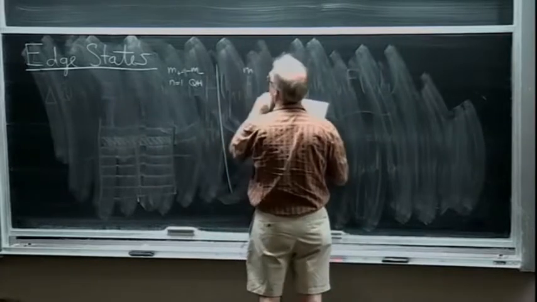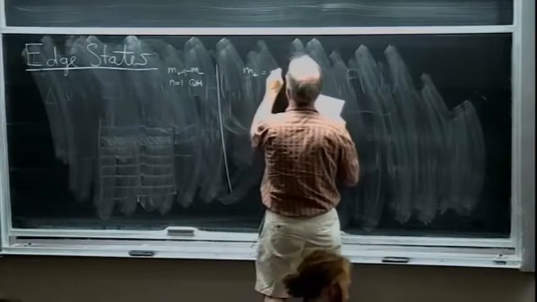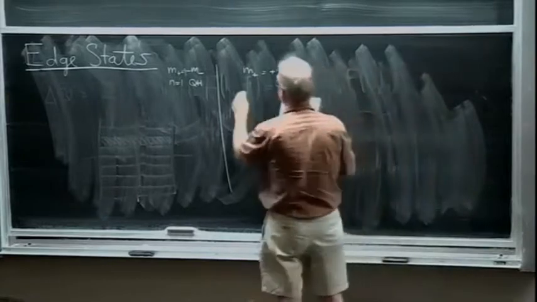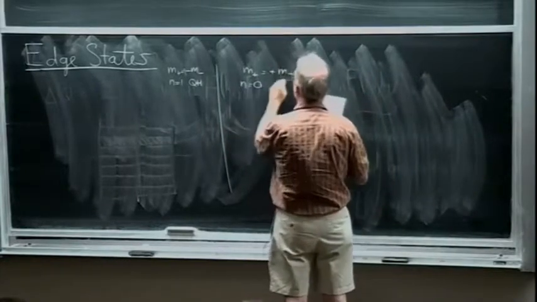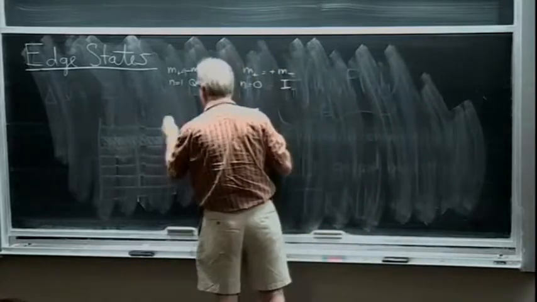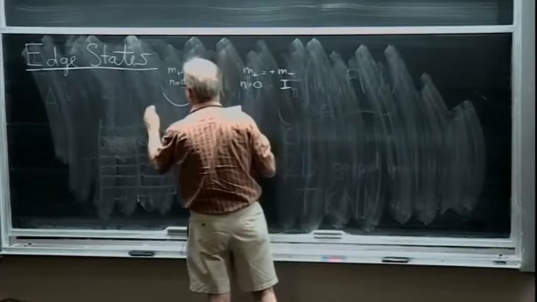and one where the two have the same mass, and so this is going to be n equals 0 trivial insulator. Okay, and so in both cases I'm going to have a band structure that has a gap.